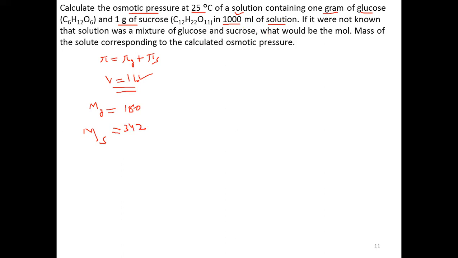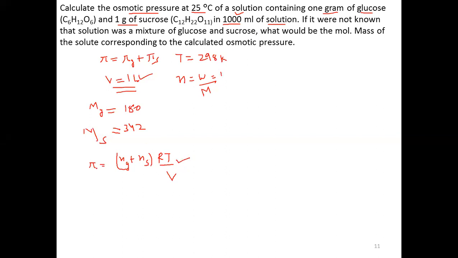Now by simply putting the values here, pi is equal to (n glucose plus n sucrose) RT upon V, and temperature is given in degrees Celsius, so we have to convert it: 25 degrees Celsius means 298 Kelvin. n is W by M. So for both glucose and sucrose, W is 1, and M you can put.